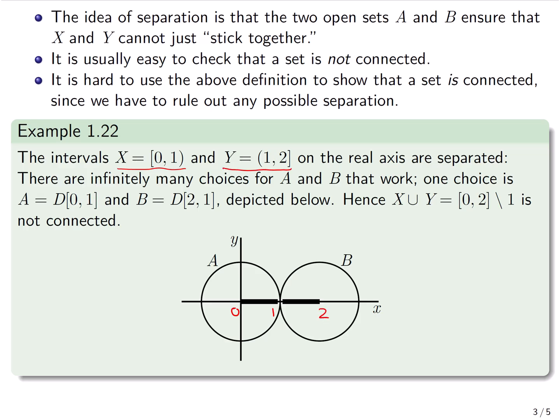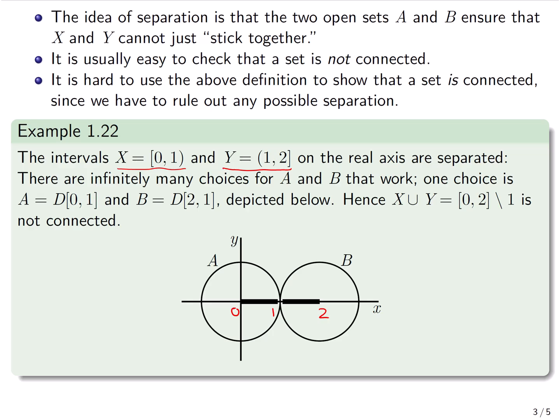At 1 it is open, and 0 and 2 are closed. These two intervals on the real line are separated, as we discussed earlier. There are actually infinitely many options here, but we just need one example with two sets. That's enough, because the definition says if there is some, then it is separated.